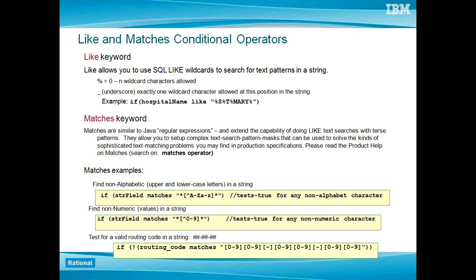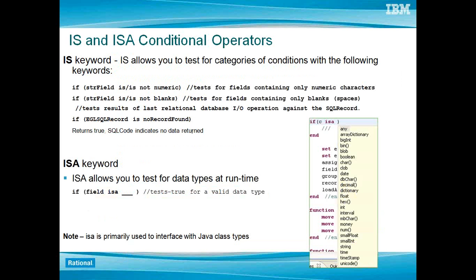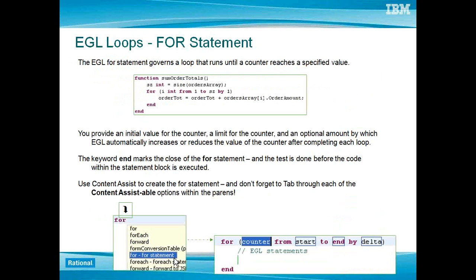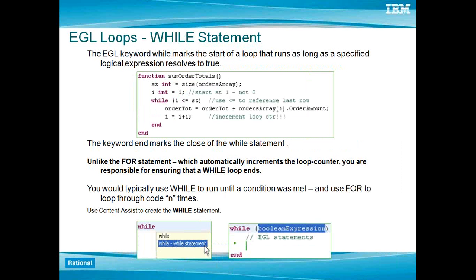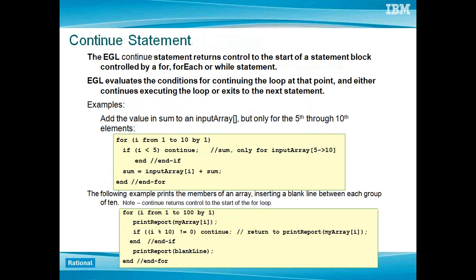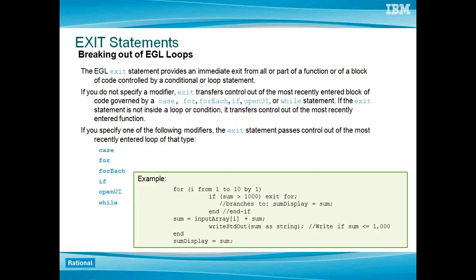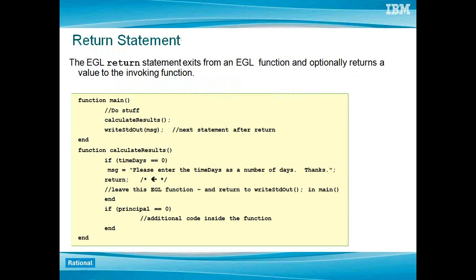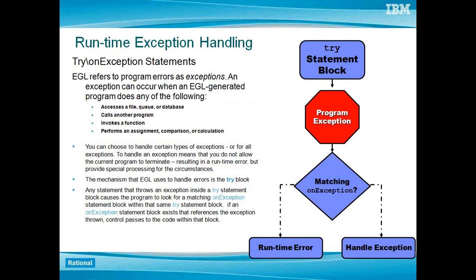Then we saw a few helpful reserved words like matches and is a keyword that help us to match within the values or arrays that are present inside of our code. Then we started for loops and while loops, and we saw the syntax. Then we continued with the continue statement and the exit statement, and then we came to the return statement through which we can return some values from our functions.